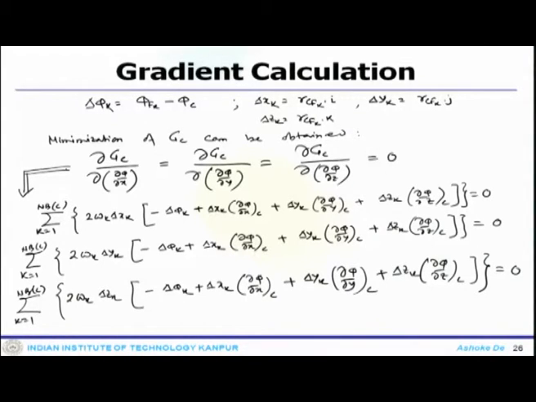Each of them corresponds to a derivative: the first one corresponding to this derivative, the second one to this derivative, the third one to this derivative.